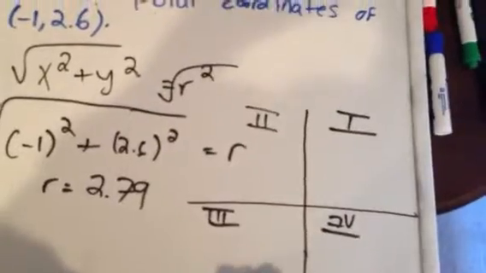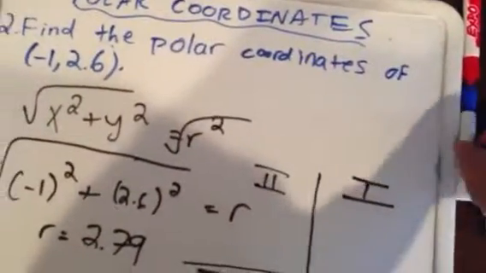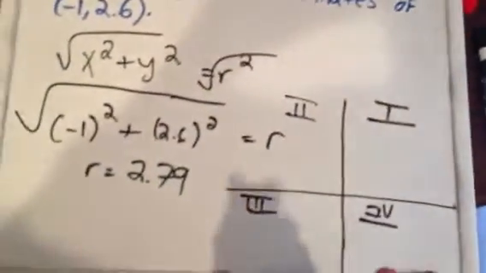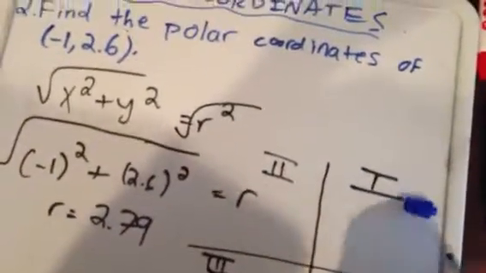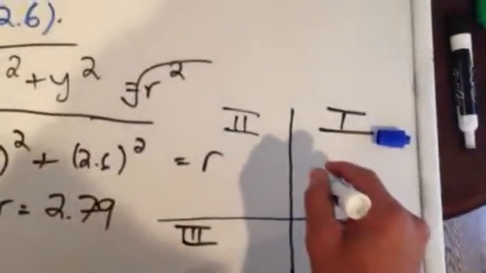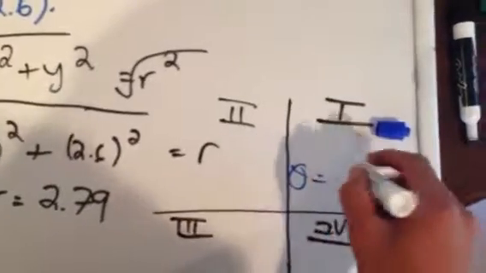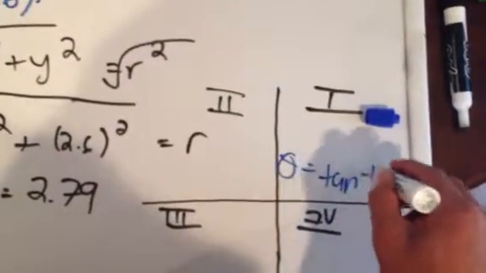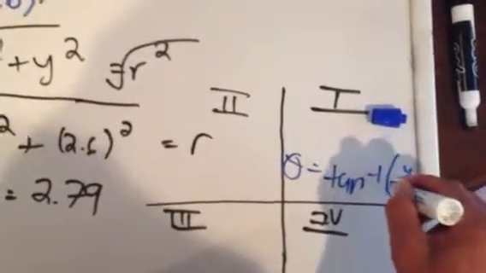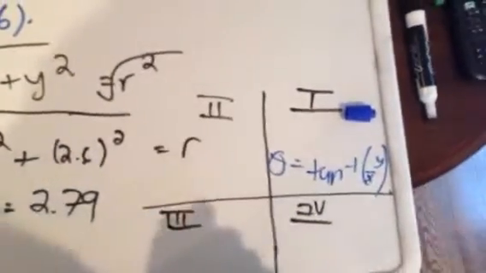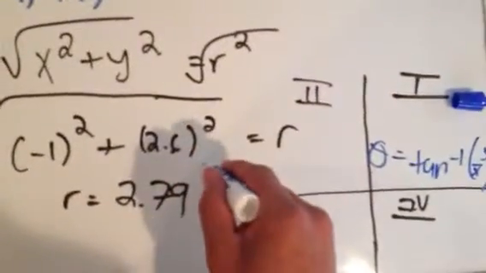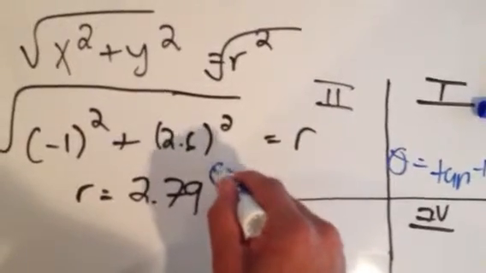In some of these quadrants, we're actually going to have to do something extra. So, in the first quadrant, to find your angle, you just take tan inverse of y over x.